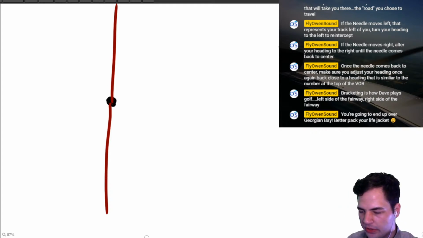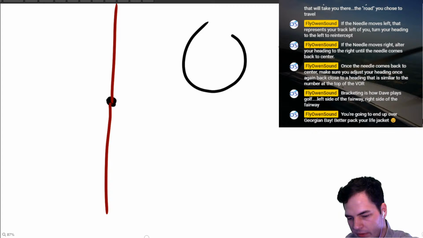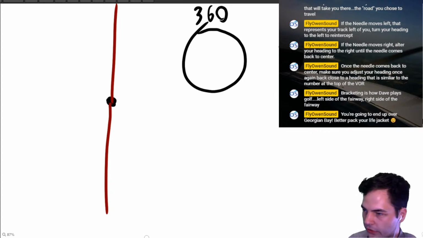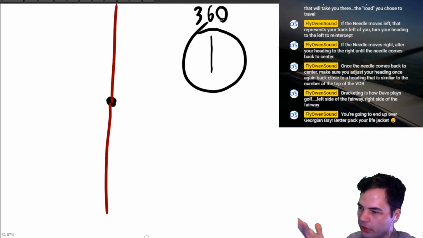So if the airplane was on this line somewhere and I had 360 at the top on the OBS, it's going to mean that the needle is centered because we're on that radial somewhere. What tells us if it's going to be TO or FROM? Think about that.